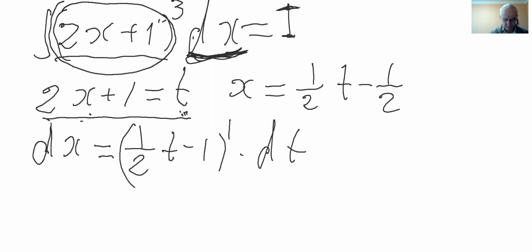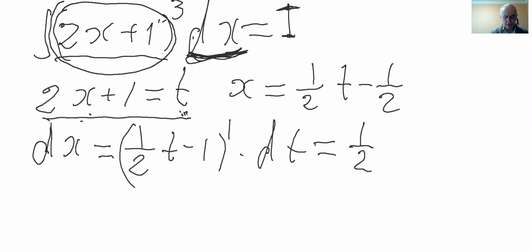The derivative of this expression is going to be 1 over 2 because the derivative of 1 is 0, since 1 is constant.